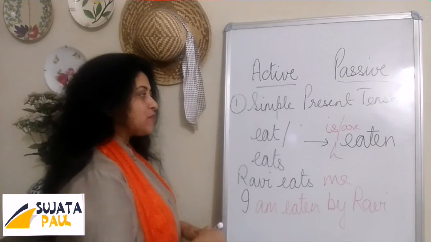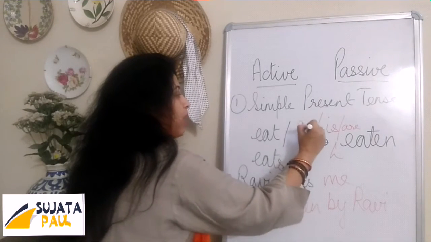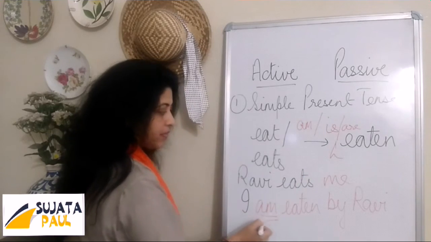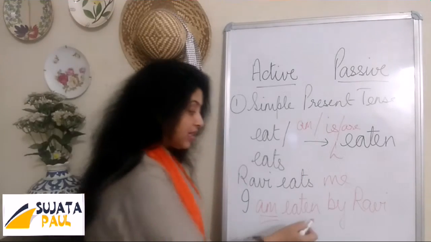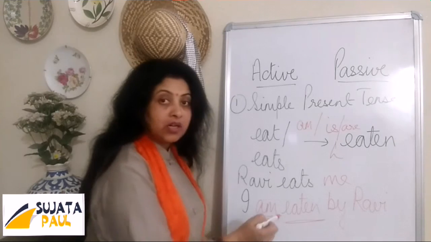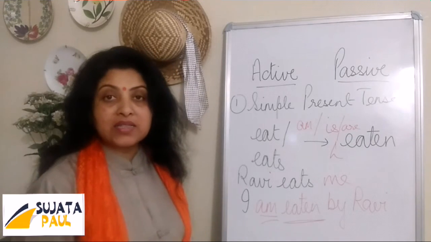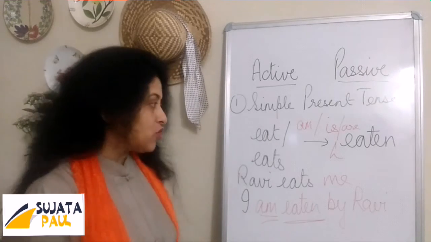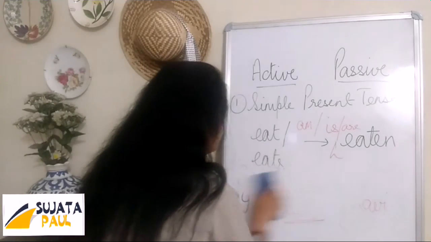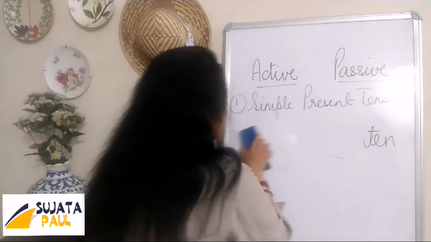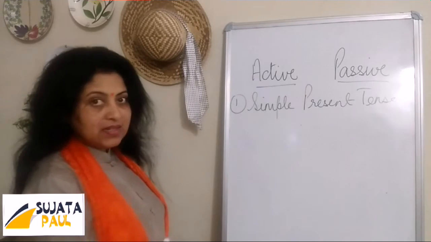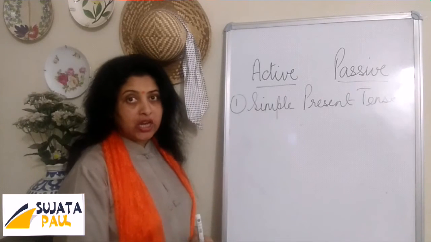Alright? But then this means that I can also have am. Right? But each time I had this word, what is this? The past participle. So this can be understood in this manner, that when it is simple present tense, the tense will not change.